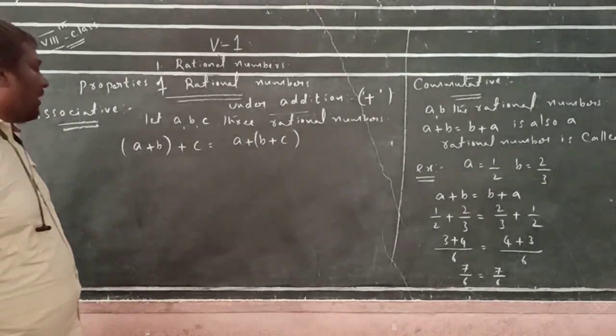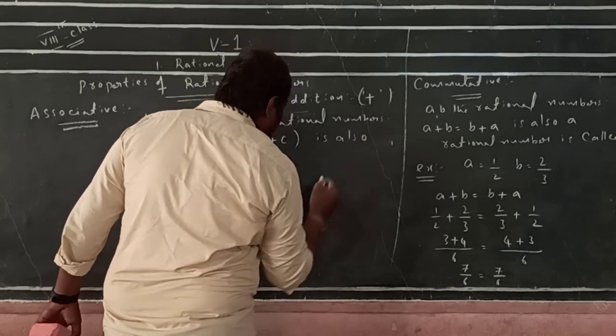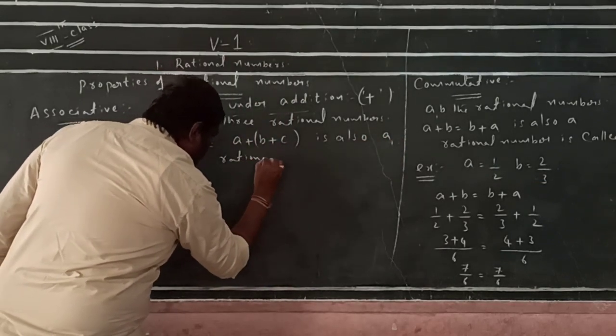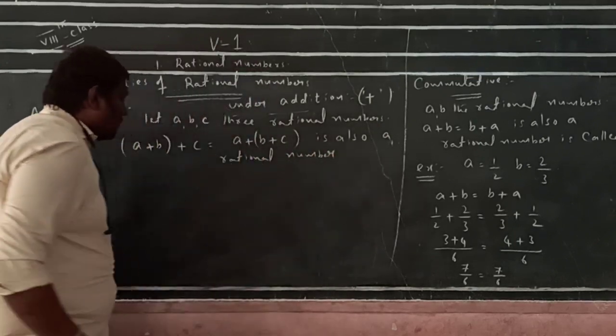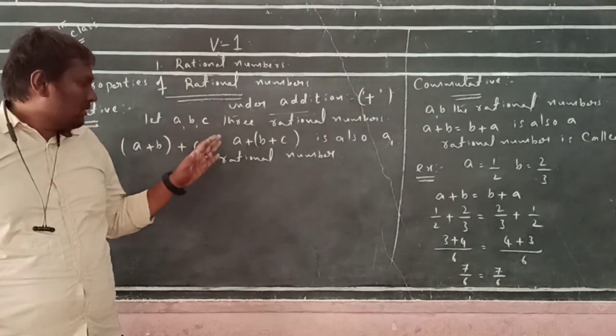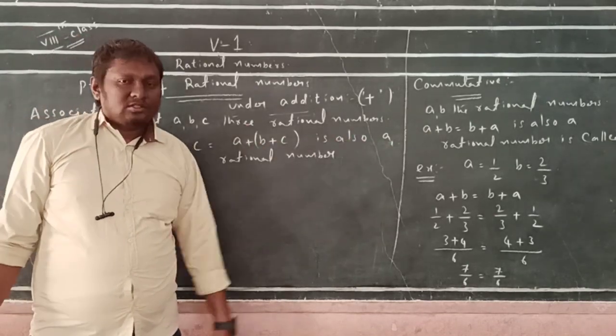A, B and C are three rational numbers, and A plus B plus C is also a rational number.